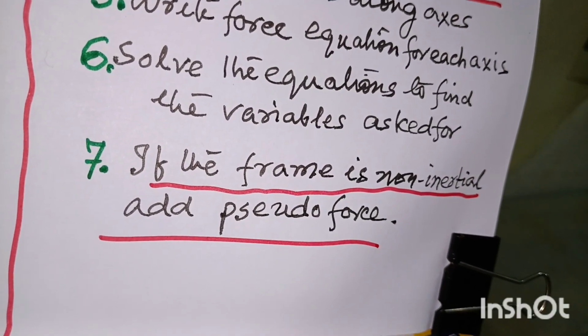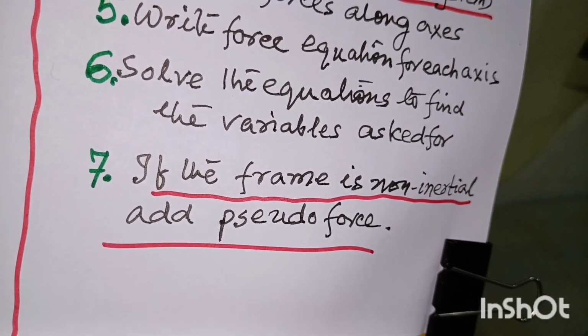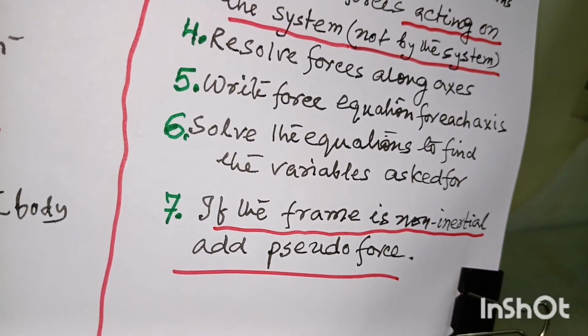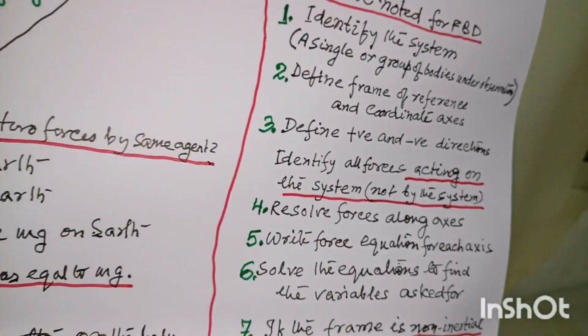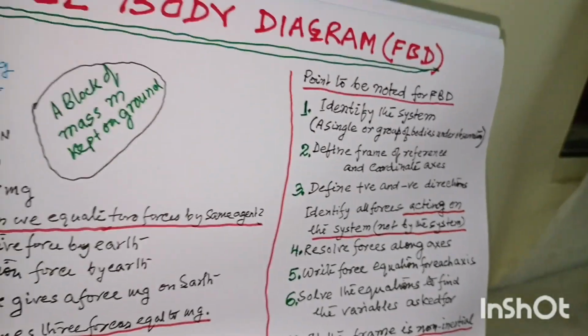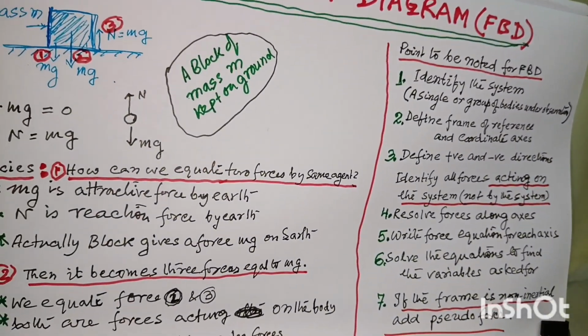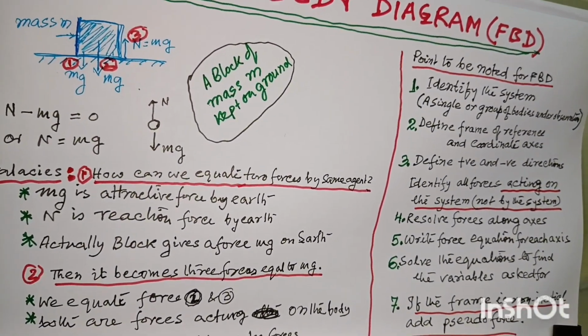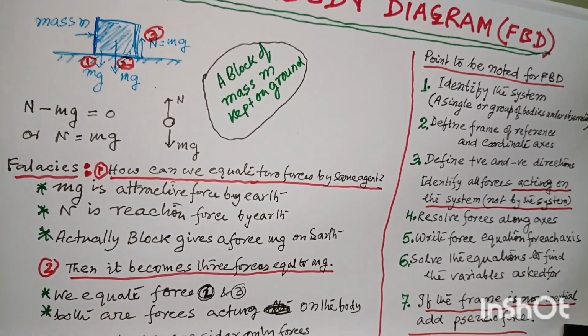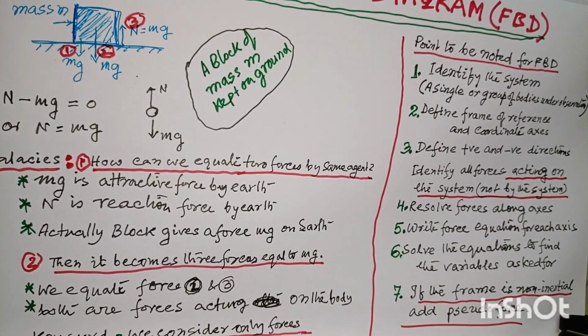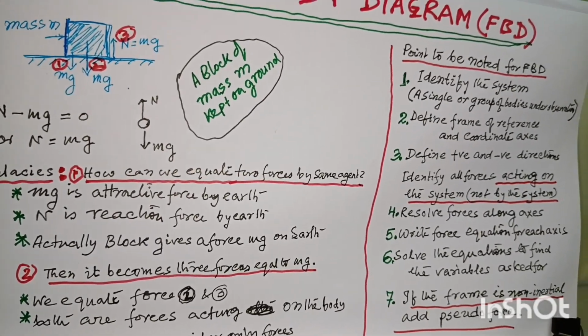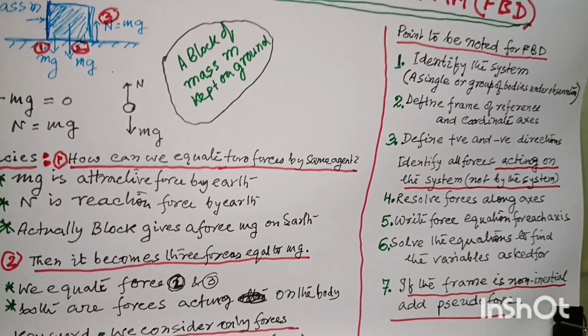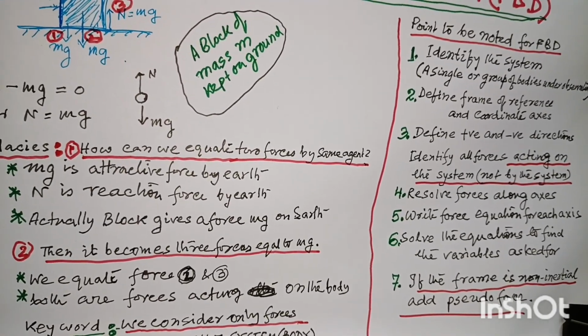The rules of pseudo force we will discuss in a different place. So these are the points. Please note them down, learn them again and again, and if you apply these rules, I think there will be no problem in making a free body diagram.